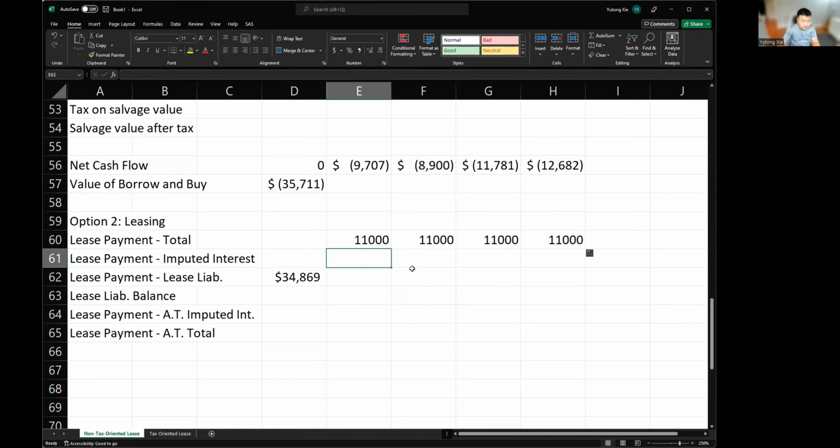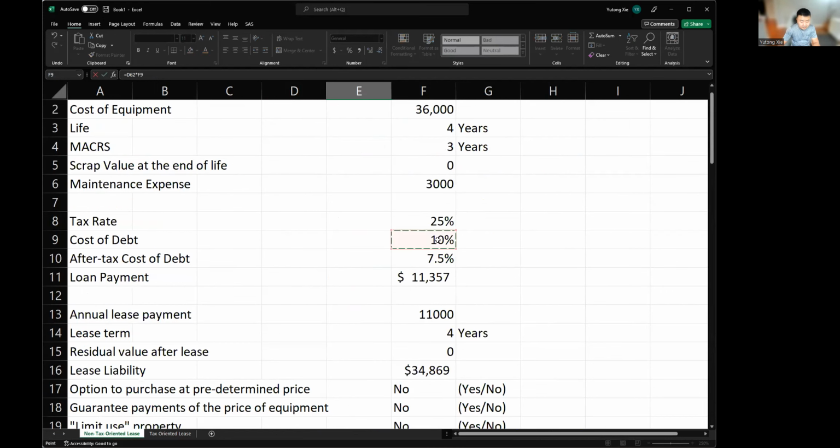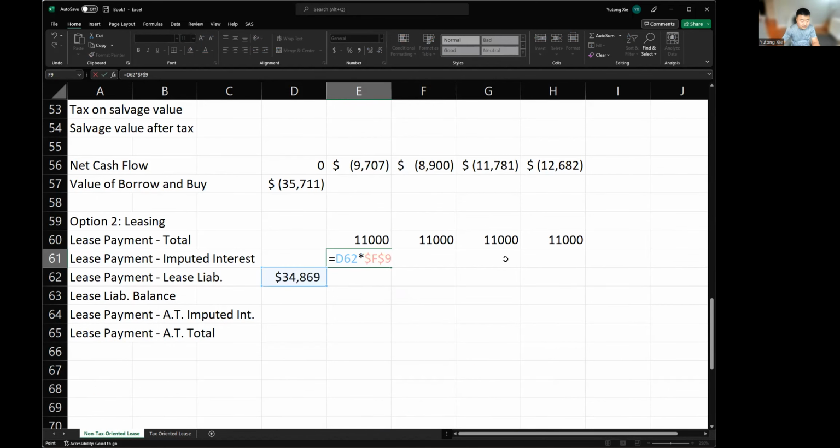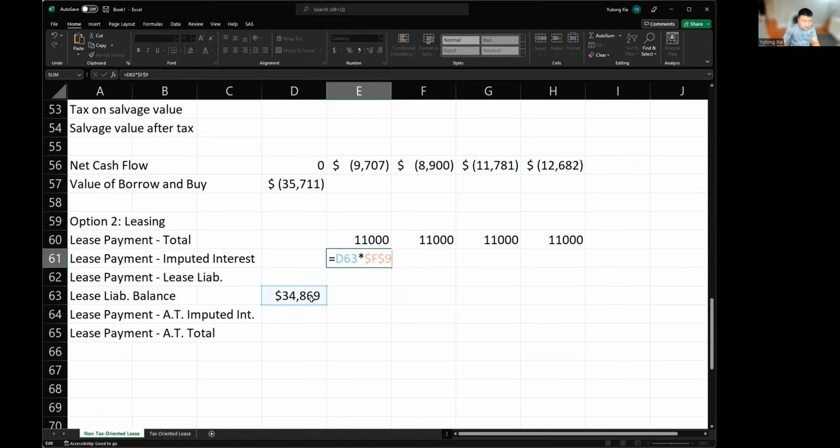So then the imputed interest will be the previous lease liability multiplied with the cost of debt. Don't forget the dollar signs. And I got this. And oh, sorry. So the lease liability should go here. Should be here. And this should refer to this lease liability balance rather than lease liability.